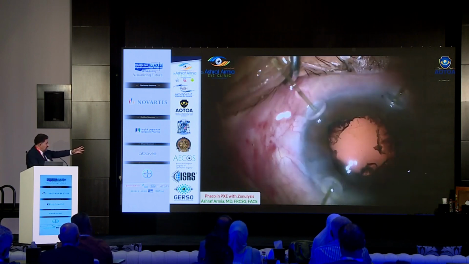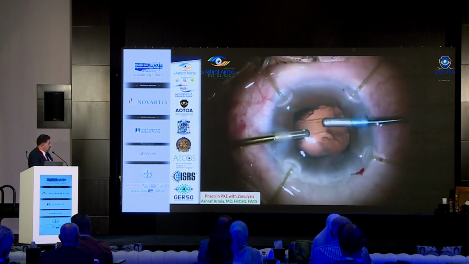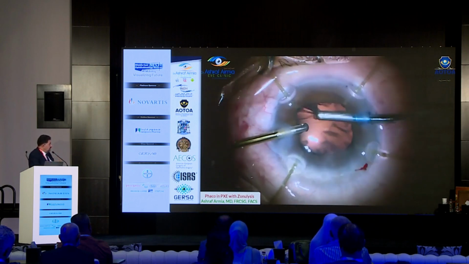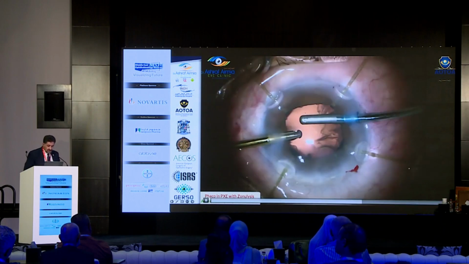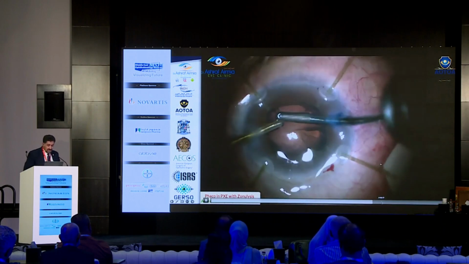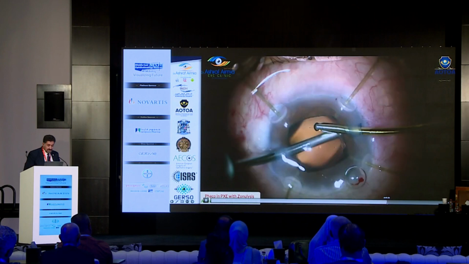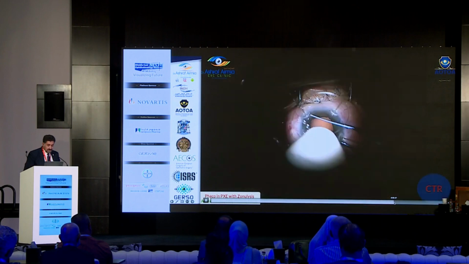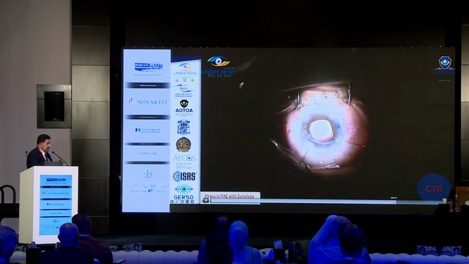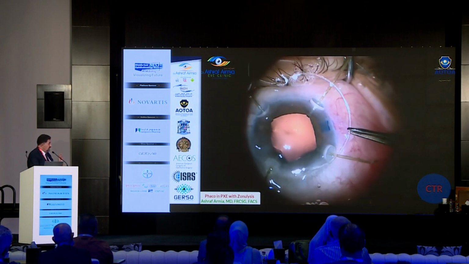Don't go out like I did, injecting OVD, removing the cortex, everything is fine. And then it is mandatory in these cases to put a CTR in pseudoexfoliation when it's severe like this.